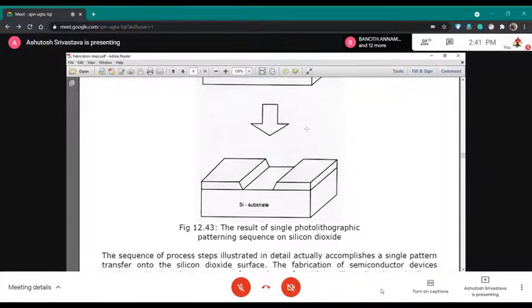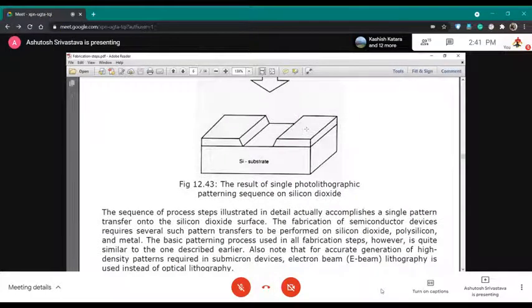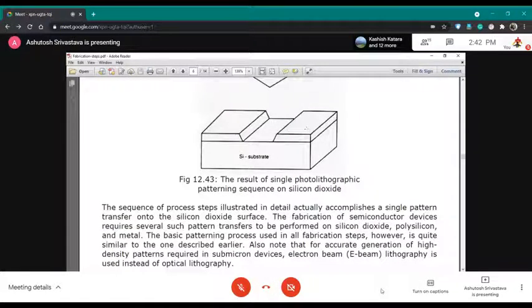Using the photolithographic patterning sequence, what one can achieve is that we have mentioned before. What we see is the silicon dioxide as shown here.